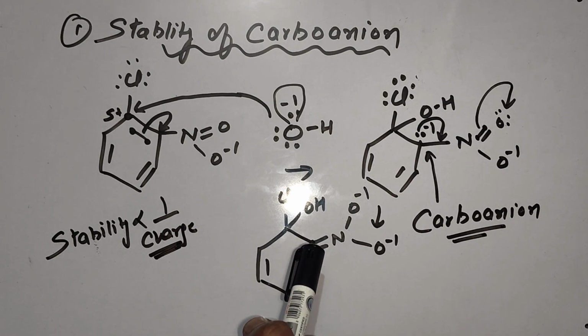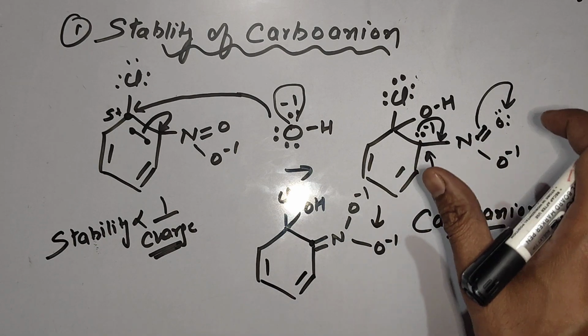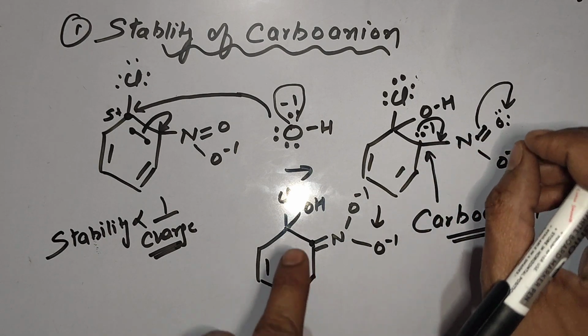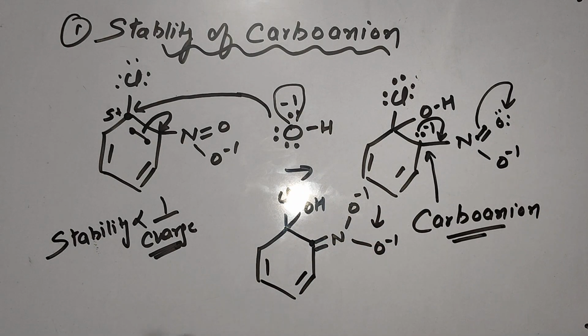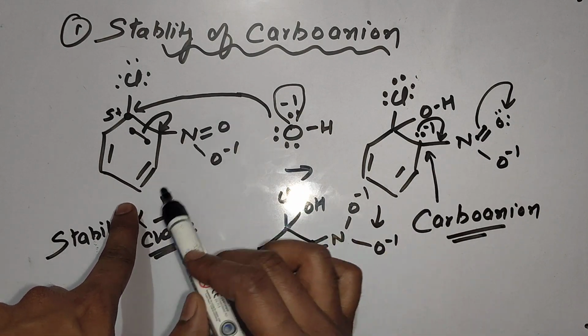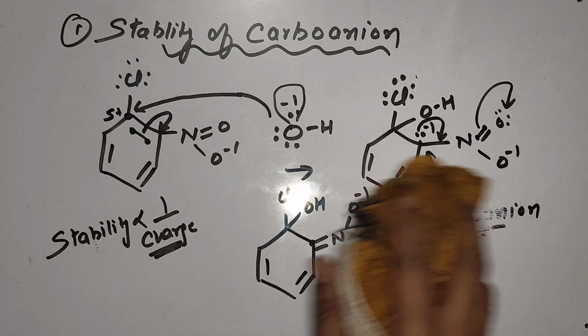Now you see the charge is decreasing due to the nitro group. And this magic of the nitro group or electron attracting group is possible only from ortho and para positions. It is not possible from meta position. Let's try. Suppose NO2 group is present on para. Let's check. Can it show this?